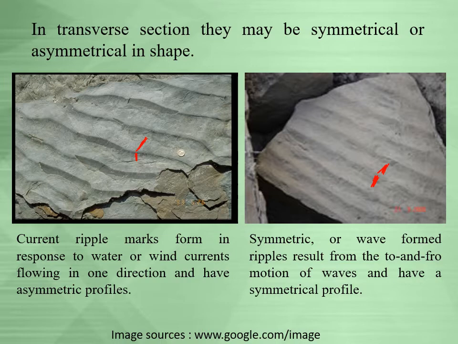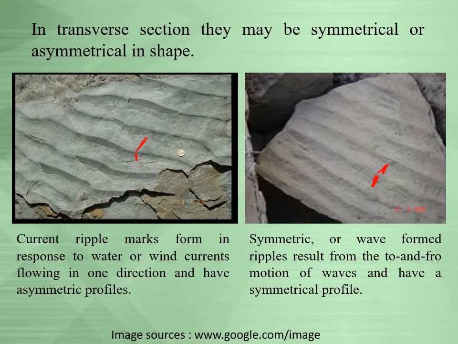So the two lengths are almost equal, and thereby the inclination of these two sides is also nearly the same. These ripples are almost symmetric, with one side almost a mirror image of the other.